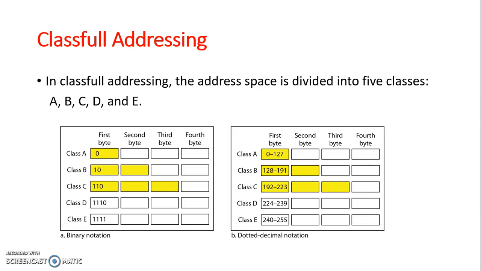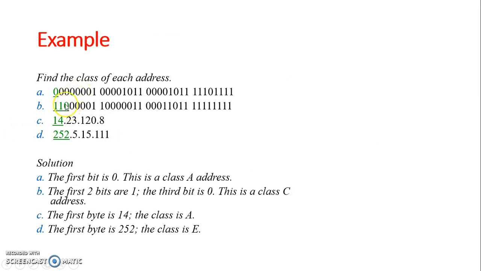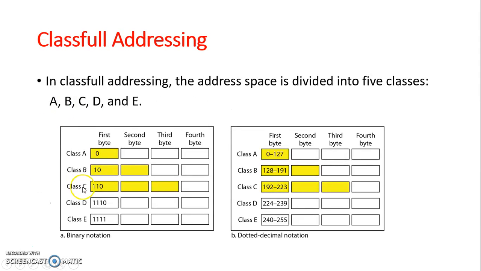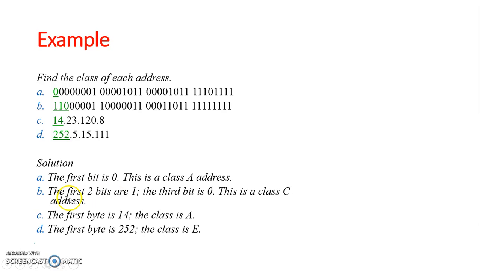Whereas in decimal notation, you can identify the class by just looking at the first byte. Here again you can see the first bits, the first 2 bits are 1, the third bit is 0, so it is a class C address according to this notion.